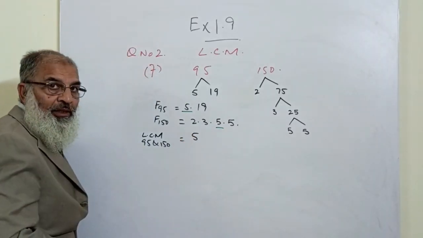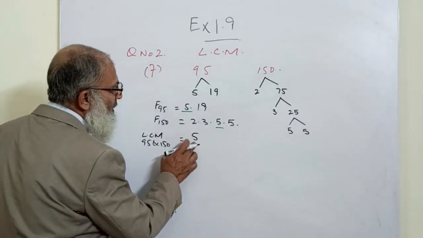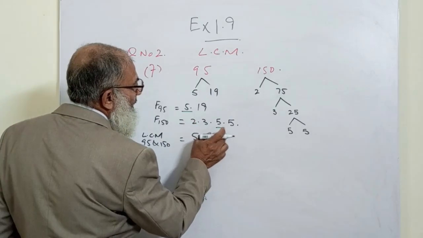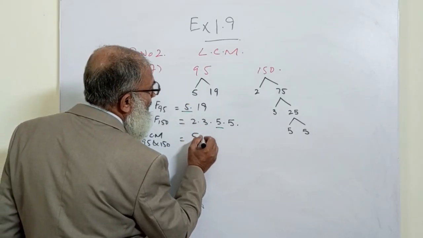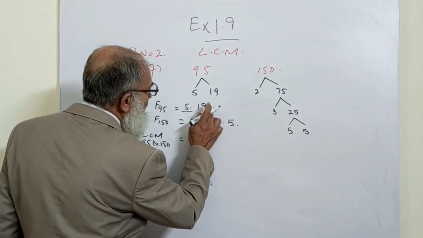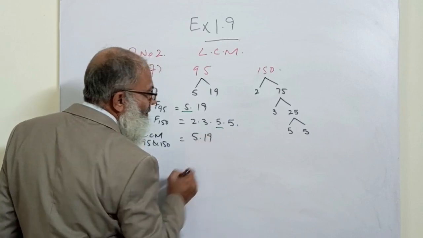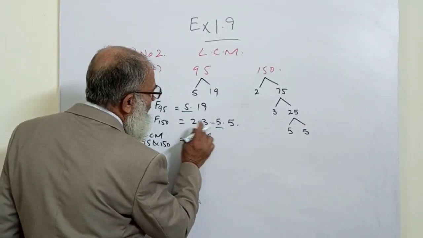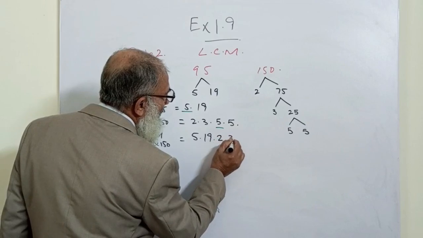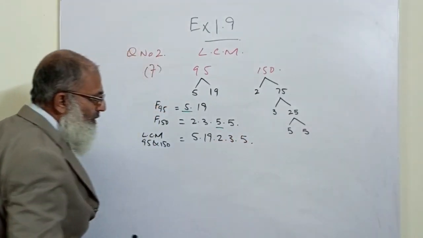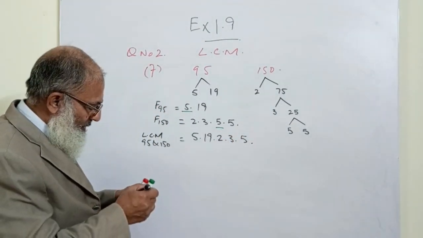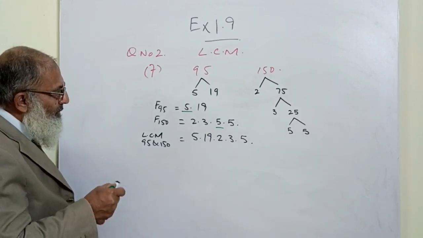Now I've written the common factor and then the leftover factors. The leftover factors are, we start from here 19, okay, then from here we have written all the leftover factors. What are the leftover factors?